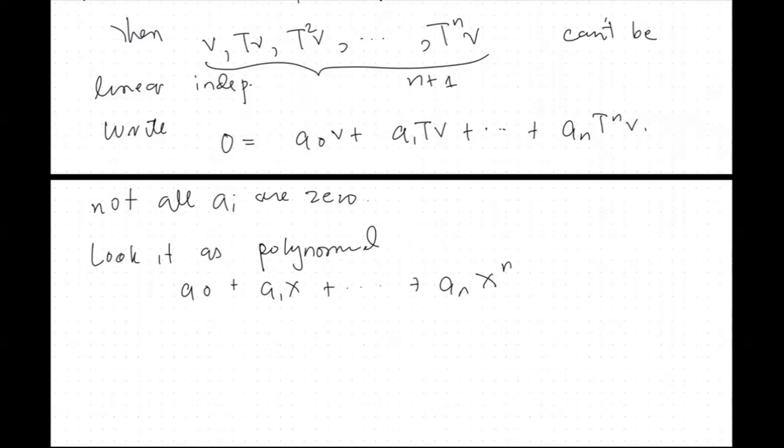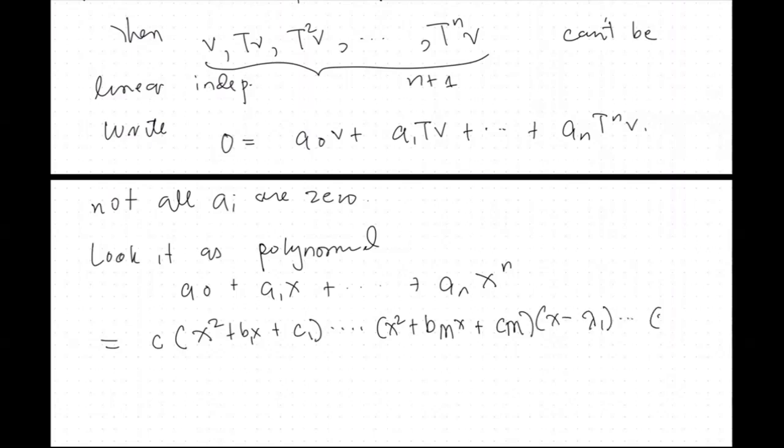And then we can write this as follows: c times x squared plus b1 x plus c1, and so on up to x squared plus bm x plus cm, and then multiplied with x minus lambda 1 up to x minus lambda m.